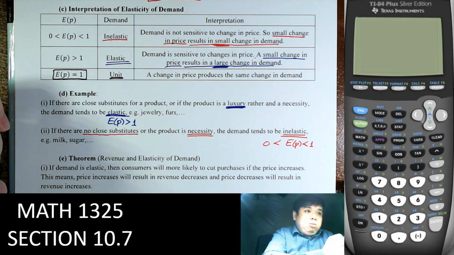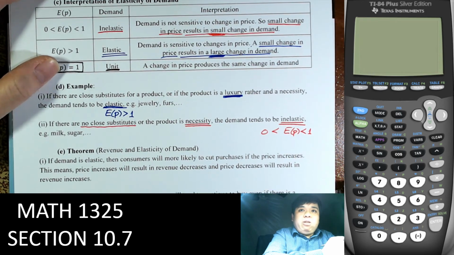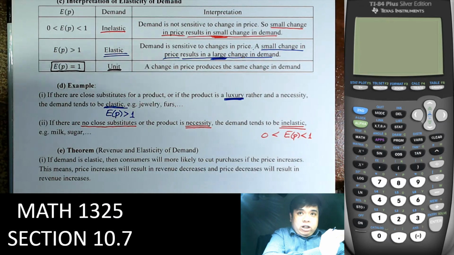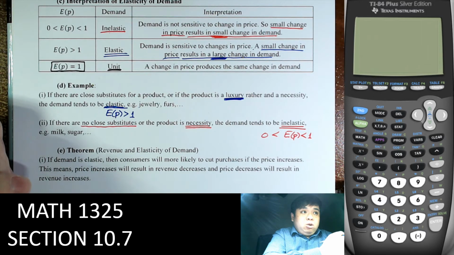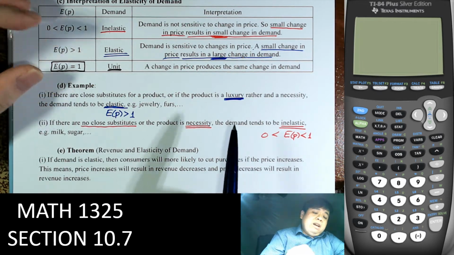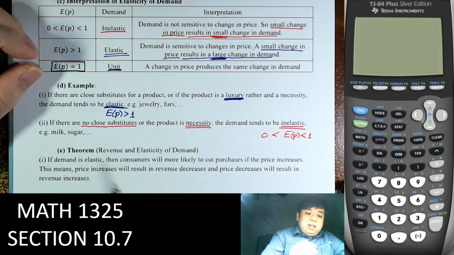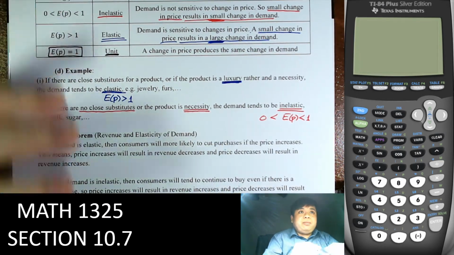For example, think of the items that go on sale on Black Friday. Most of them are elastic because the change in price will result in the change in demand. So if the price drops by 10%, the demand will increase by a lot, and more people will be willing to buy that. So bottom line is, a luxury item tends to be elastic. If an item tends to be a necessity, it tends to be inelastic.